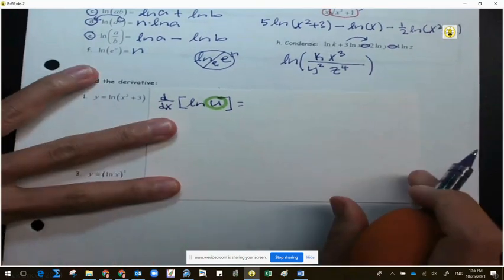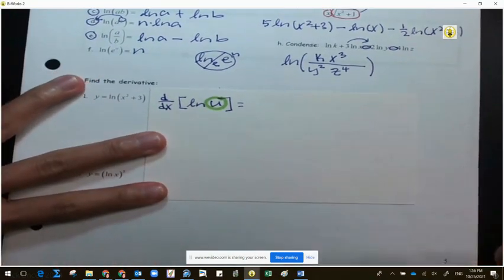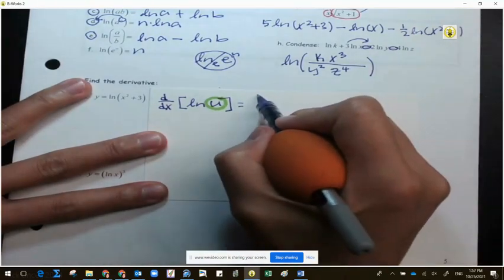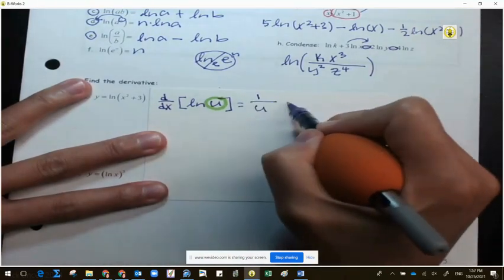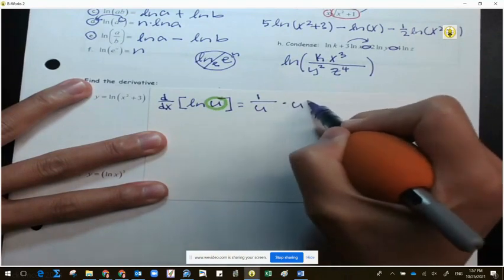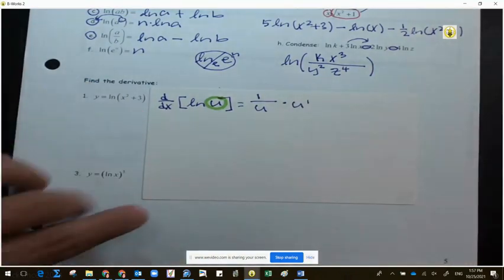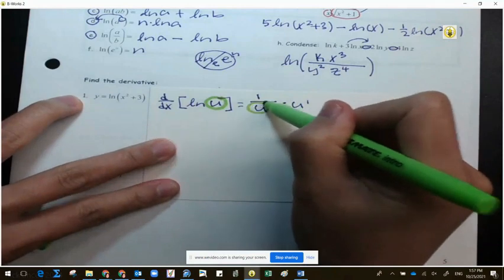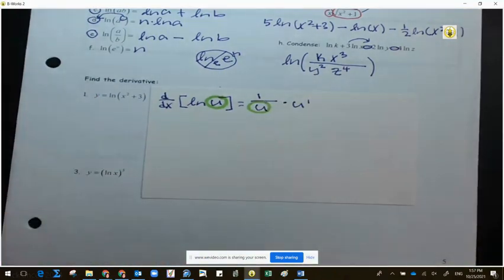I hope everyone's writing. So natural log of u states the following when we are finding the derivative. All you do is 1 over u, and it becomes a chain rule, then derivative of the u. So if you would, go ahead and circle the u as well. And we'll write the one with the exponential in a little bit, but let's follow this method.